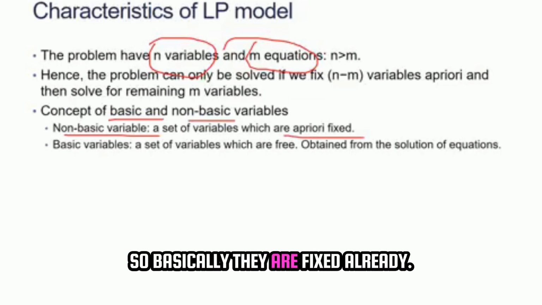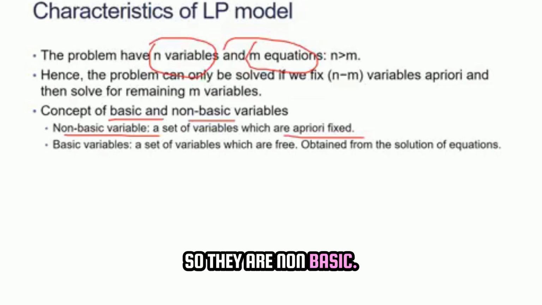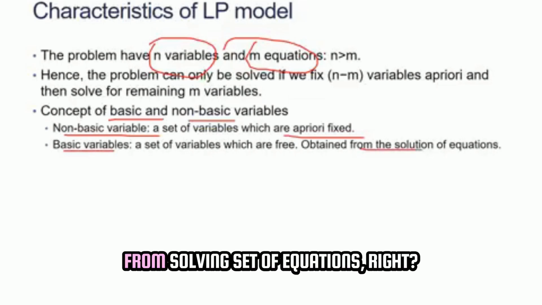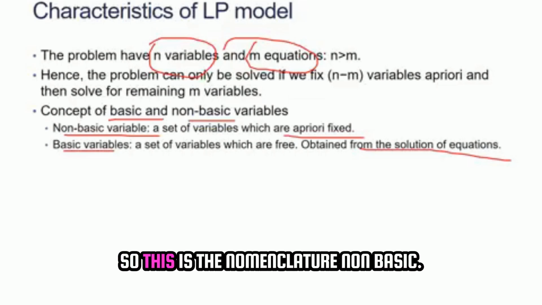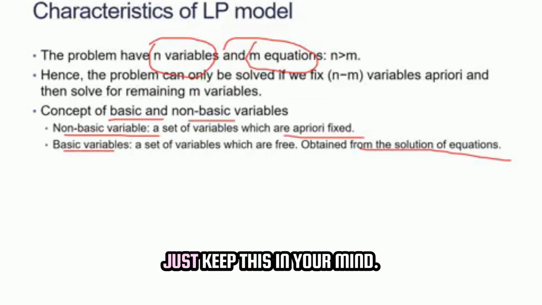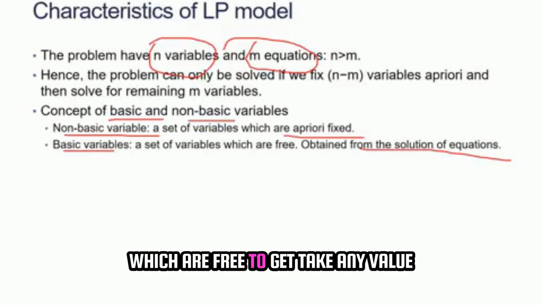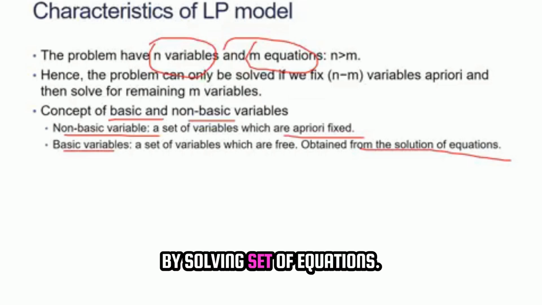So basically they are fixed already, so they are non-basic. And basic variables are variables which are free and are obtained from solving the set of equations, right? So this is the nomenclature. Non-basic, just keep this in your mind. Non-basic variable means fixed variables, and basic variables means the variables which are free to take any value by solving the set of equations.